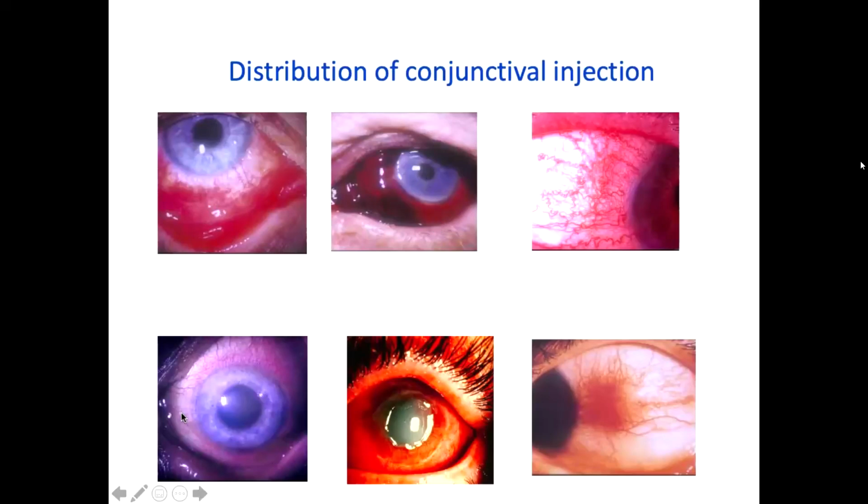Okay, so in this one, where do you think the redness is more common? Circumcorneal or circumlimbal or towards the palpebrae? Which area?